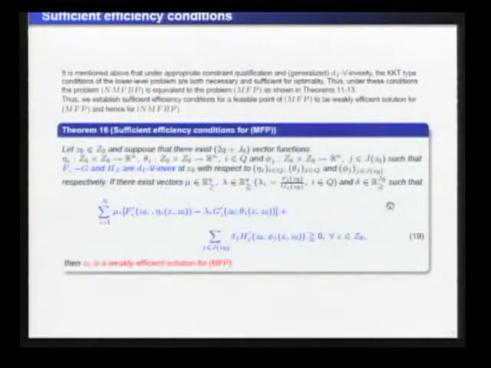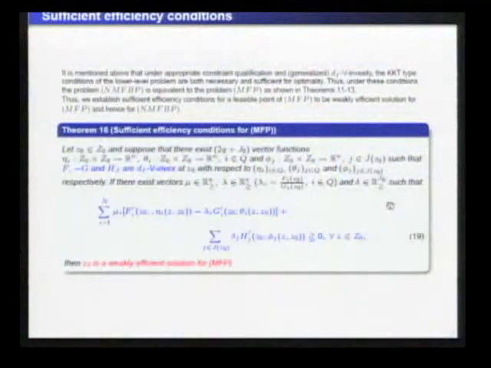We have seen that under some generalized invexity and some appropriate constraint qualifications, every weakly efficient solution of MFP KKT is a weakly efficient solution of the bilevel programming problem. Thus, we obtained sufficient efficiency conditions for MFP.